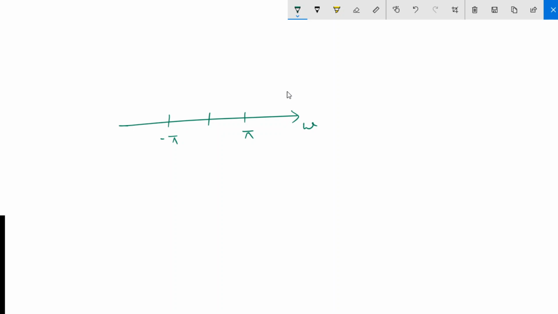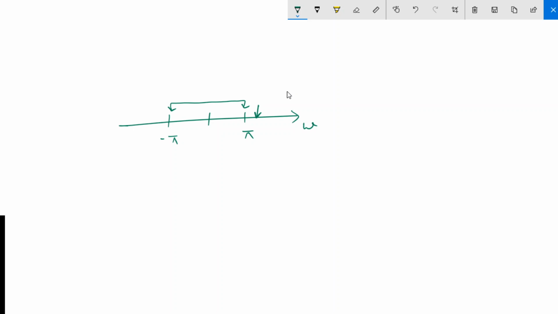This is the fundamental frequency band. Okay, all the discrete time signal frequencies will come under this band. If you go beyond this band, you will get a similar signal within this band. It means if I take a frequency here, now you will get a signal within this band which is very similar to this frequency.